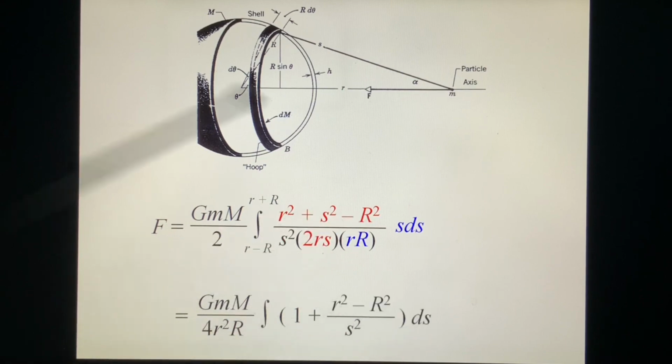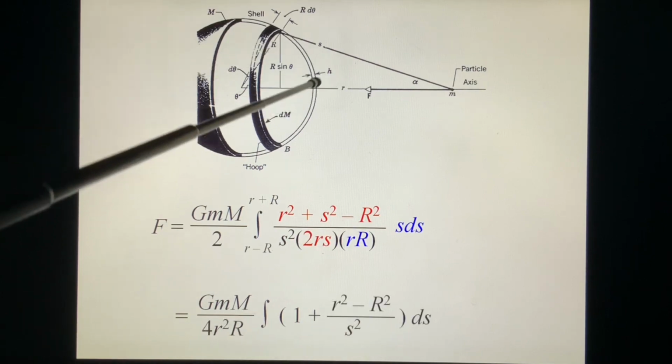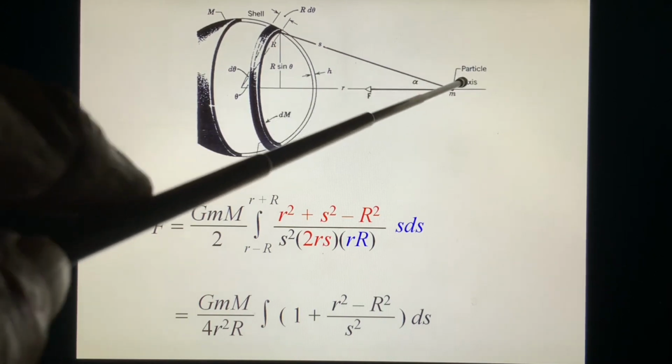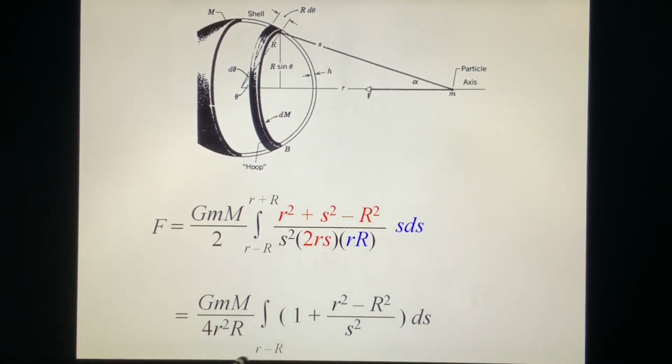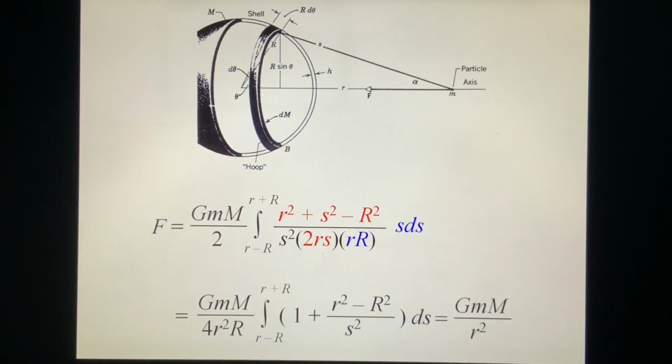This integration is very simple, from s equal to small r minus big R up to s equal to small r plus big R. It's very easy, so I'm not going to do it. We get the result.